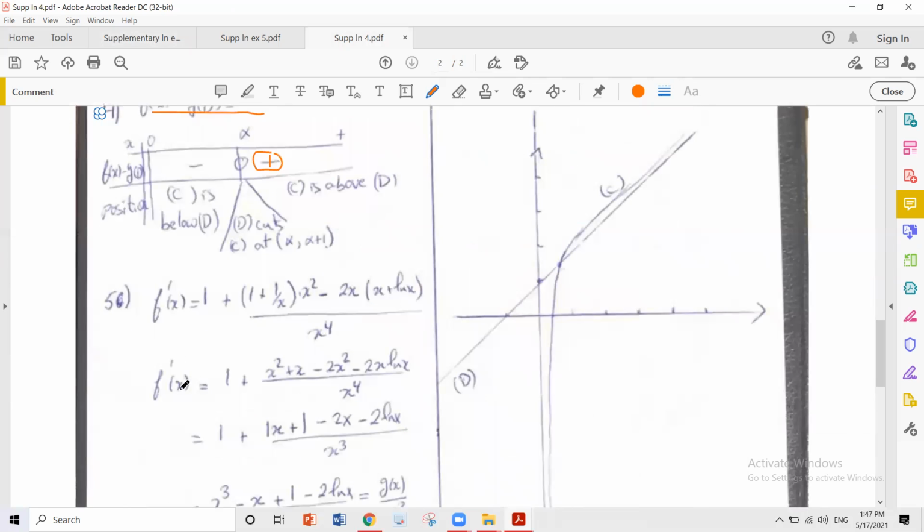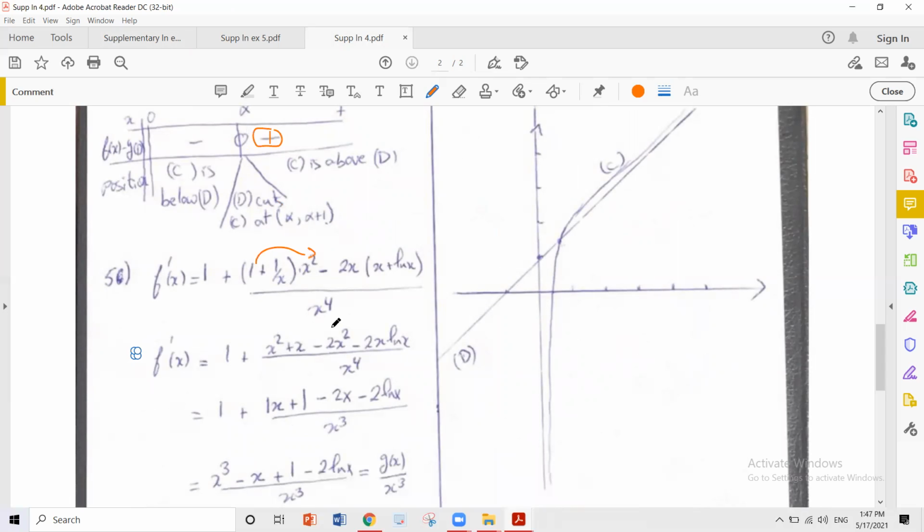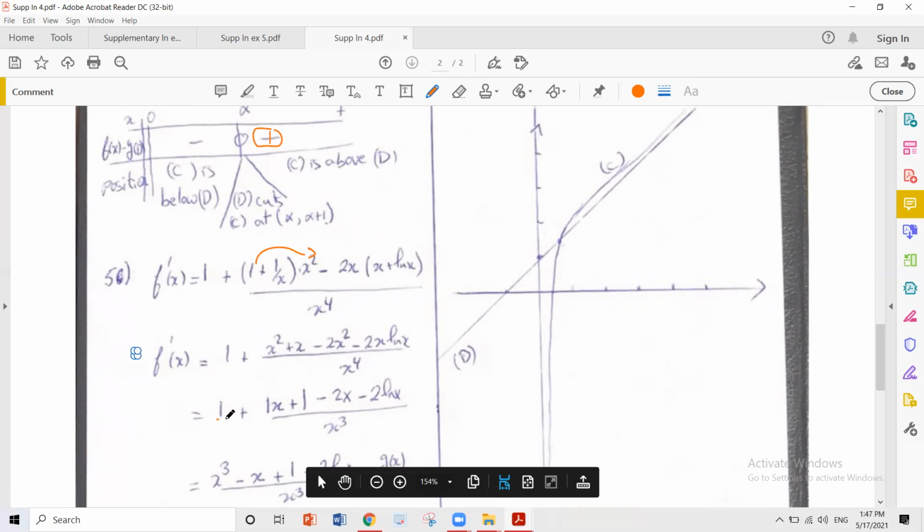Then f prime x equals, we expand, x squared plus x minus 2x squared minus 2x ln x over x cubed. I simplify x by x, the numerator and the denominator: x squared becomes x, this becomes 1.